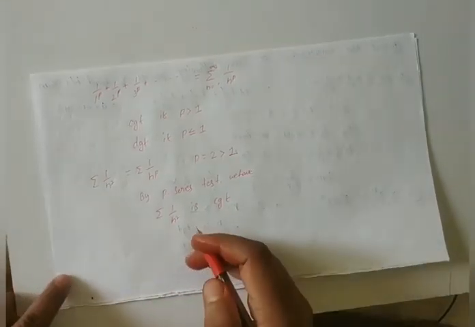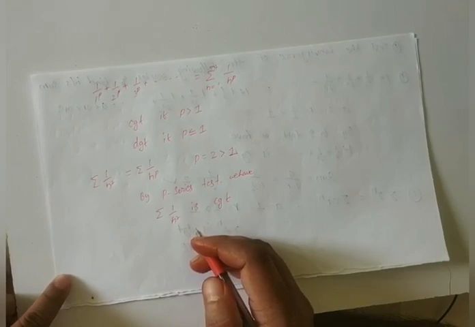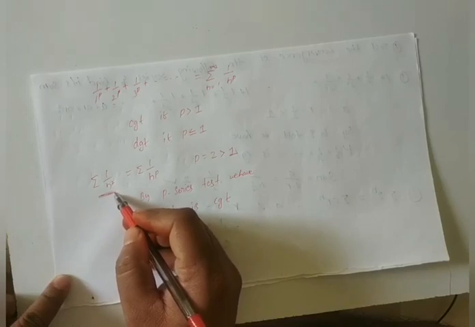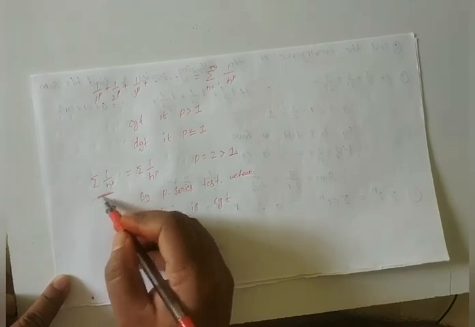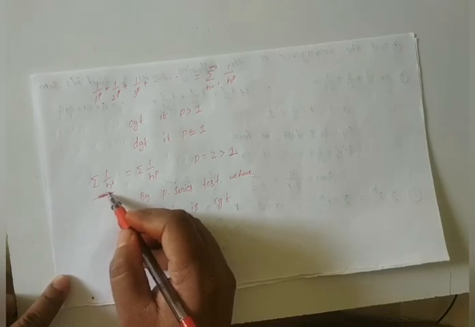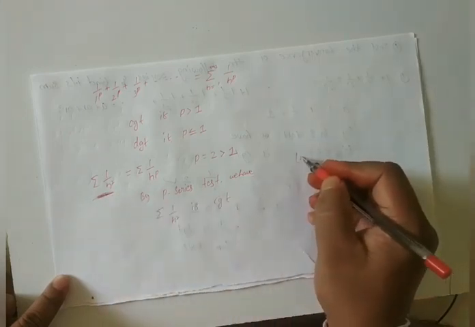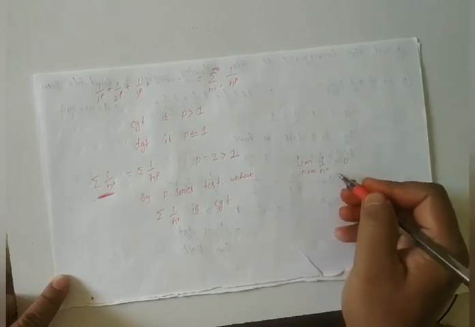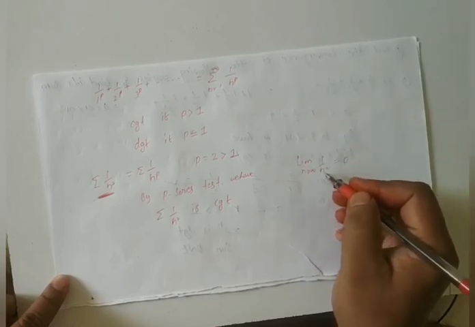Hi students, here you observe that this series may converge or may diverge. That means by using the necessary condition for convergence, this series may converge or may diverge, because limit n tends to infinity 1 by n square is always 0.